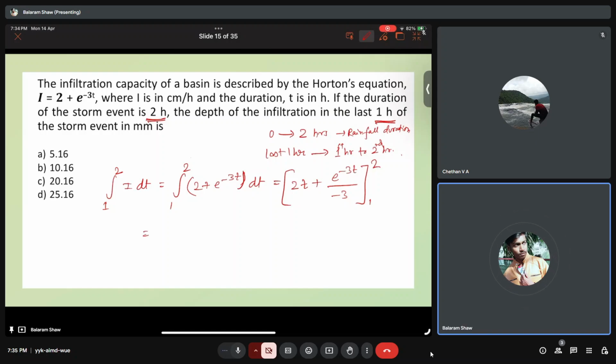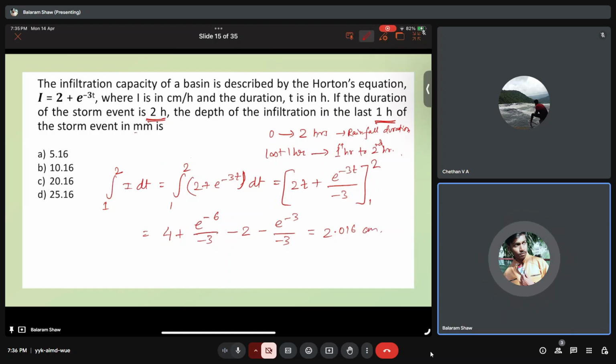It will be 4 plus (e to the power minus 6 divided by minus 3) minus 2 minus (e to the power minus 3 by minus 3). Just calculate this and get the answer. I'm getting somewhere near 2.016 centimeter.